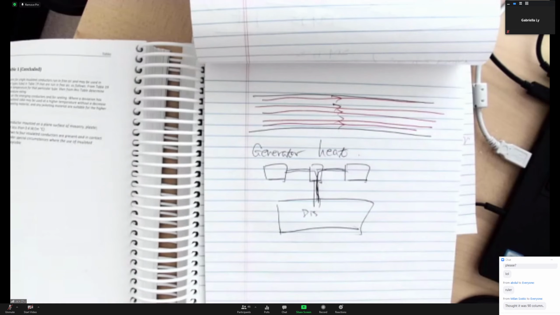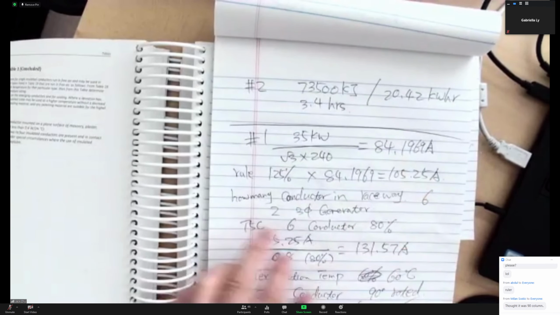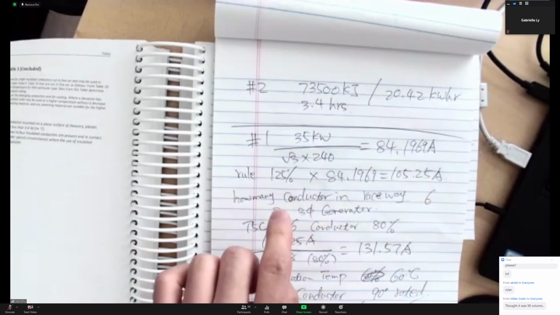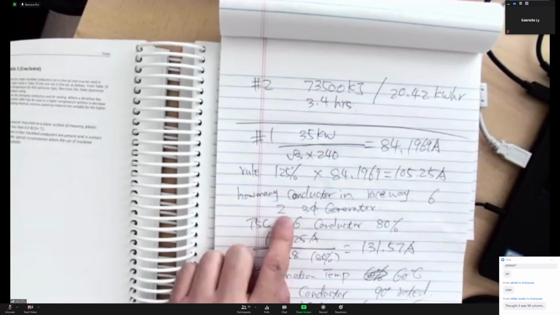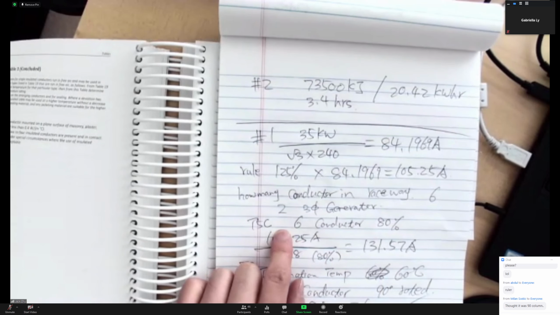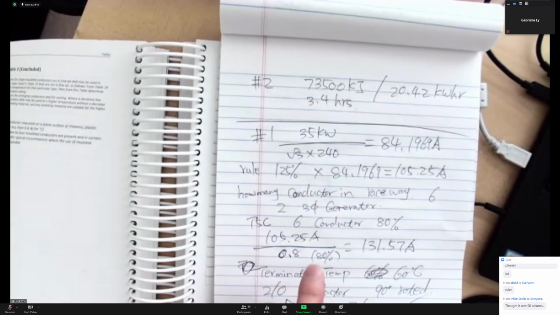That's why you have a three-phase calculation. You got to figure out the rated current. Then the rule tells you got to oversize your conductor, so you oversize your conductor. But then how many conductors in the raceway? You got to derate them. What's the termination temperature? You got to derate them. At the end, you just need to find out what size conductor you need.